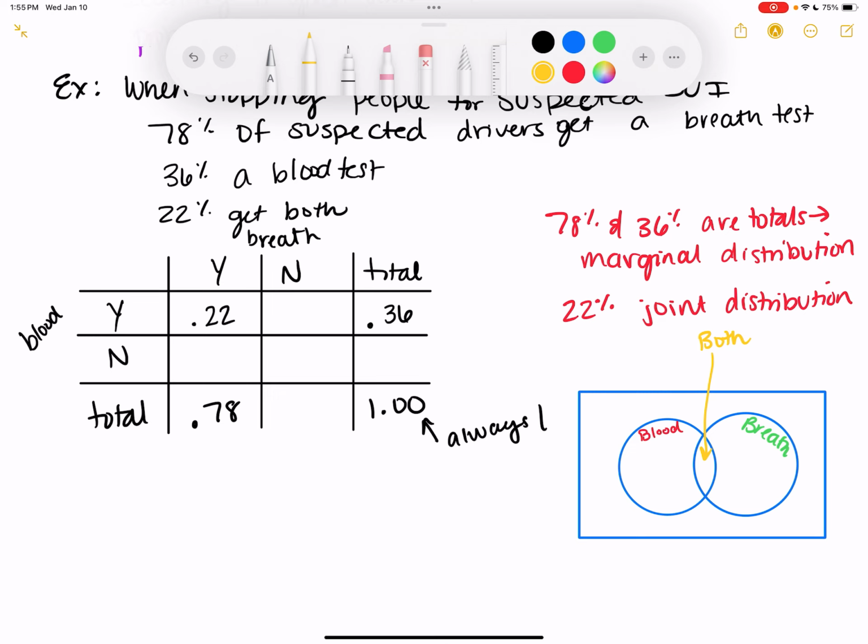So we know the joint distribution that get both is 22%, so 0.22 is going in this middle region here. Kind of hard to see, but there it is.